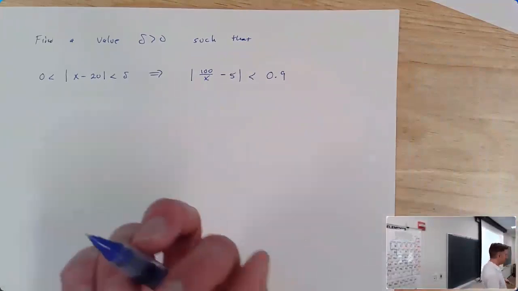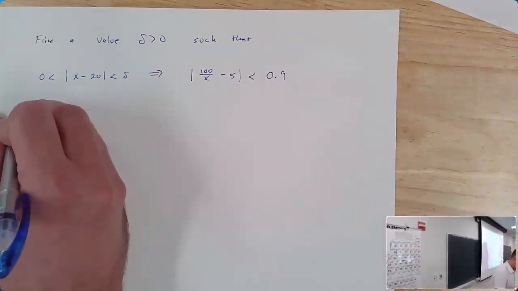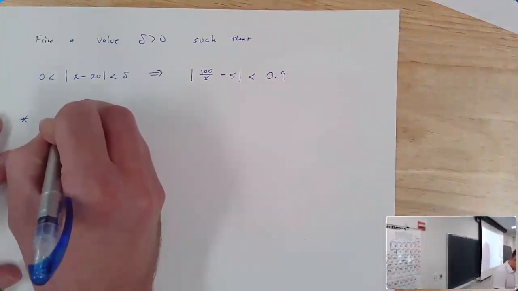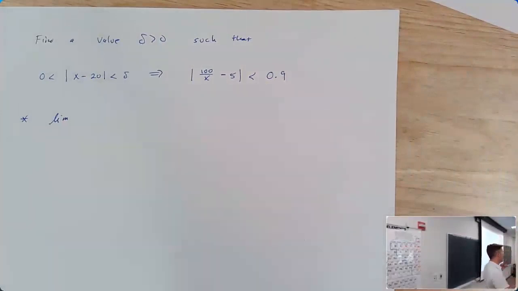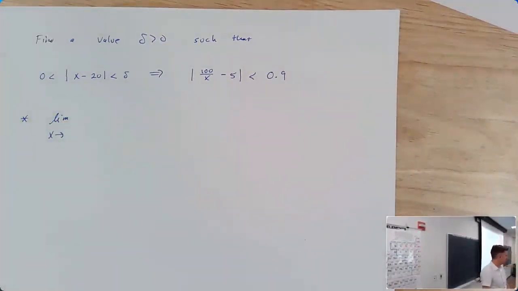Let's actually do it. Just to be super clear, the limit we're trying to show exists would be the limit as x approaches, well, what is x approaching? What is x really close to here? x is close to 20.